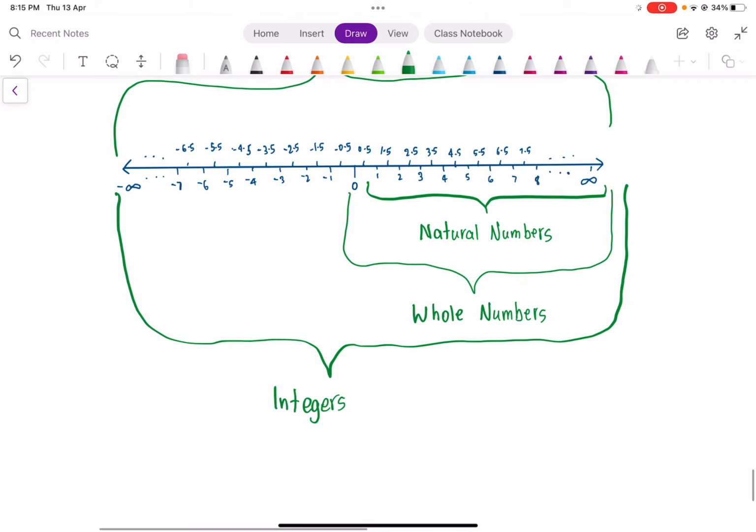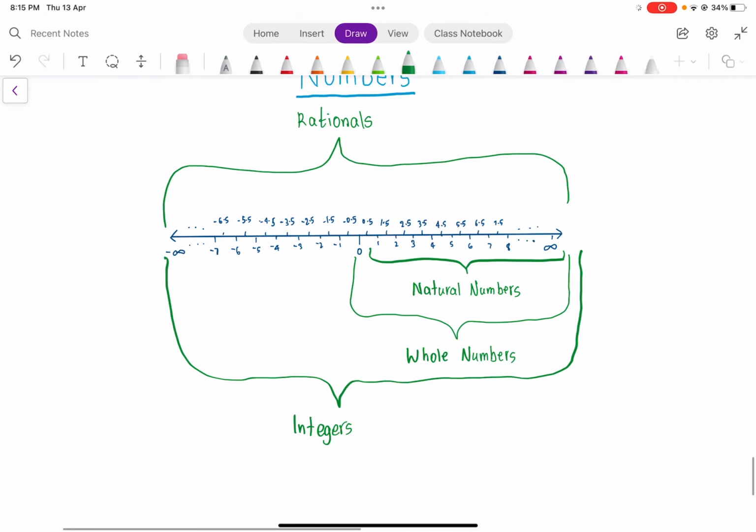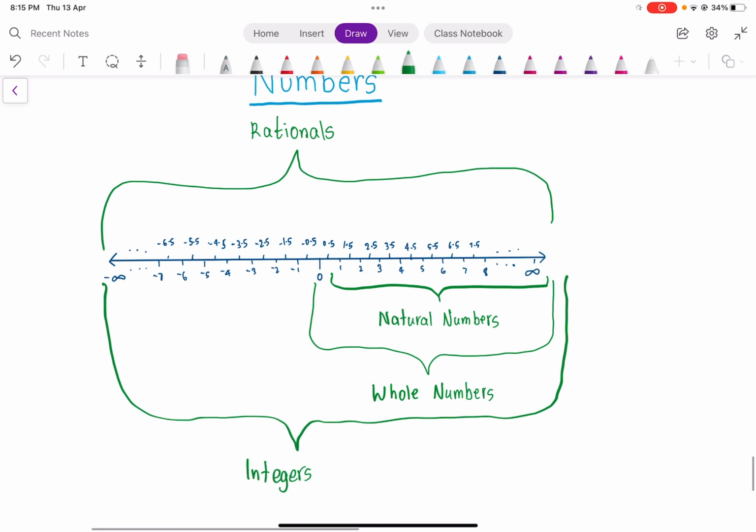To understand this more, did you notice how whole numbers are made up of natural numbers, while integers are made up of whole numbers and natural numbers, and rationals are made up of integers, whole numbers, and natural numbers?